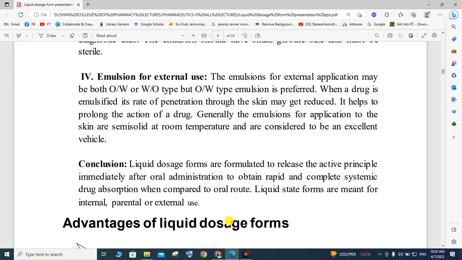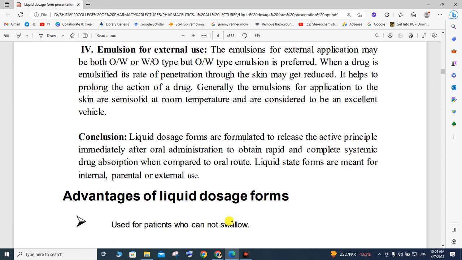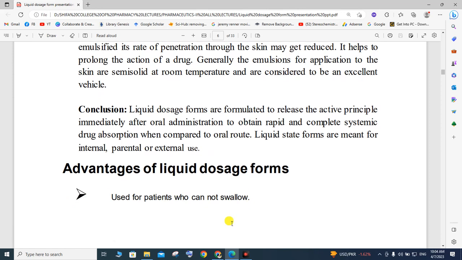When they are administered orally, the active principle may be released to achieve rapid and complete systemic drug absorption.